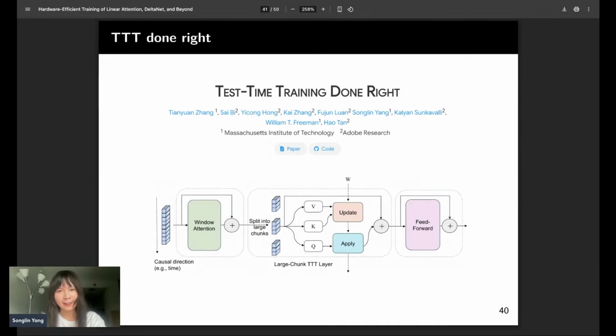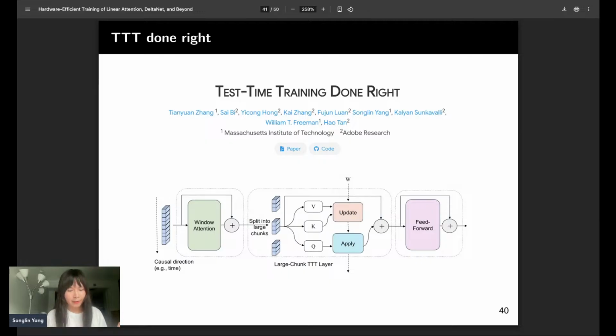But we just think that we can use a trunk softmax attention. So it doesn't matter if we update the recurrent state in a less frequent manner. And then by incorporating the trunk attention, we can have a much larger trunk size for this recurrent update.